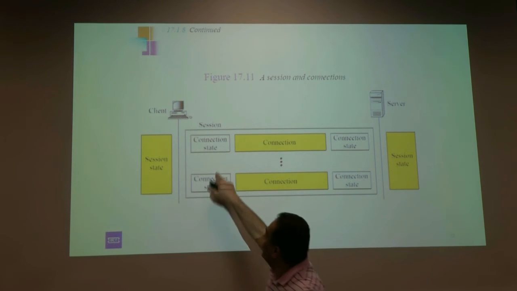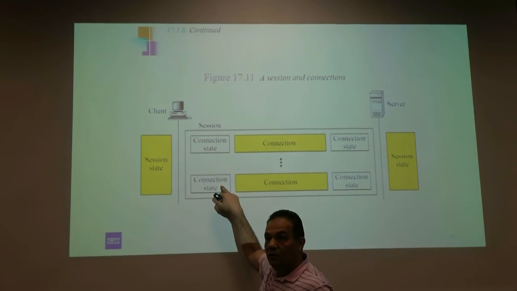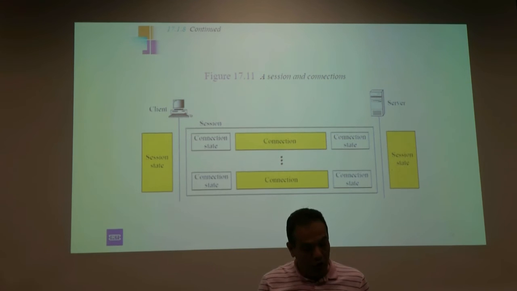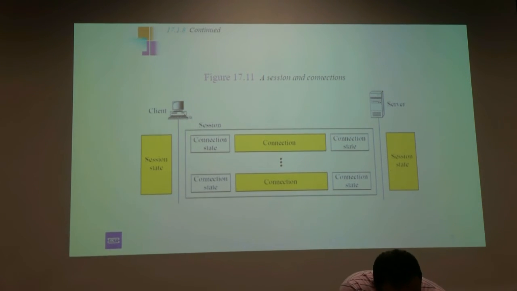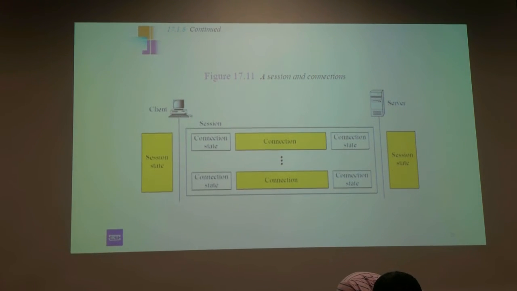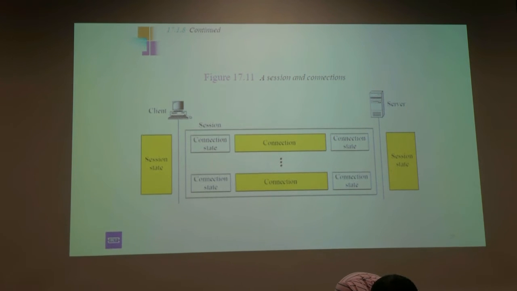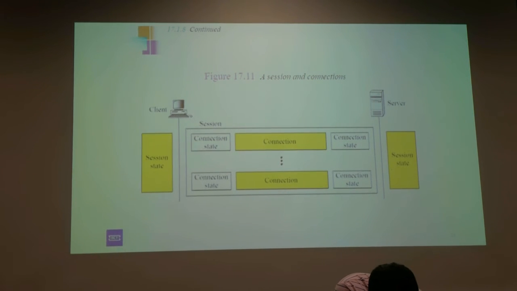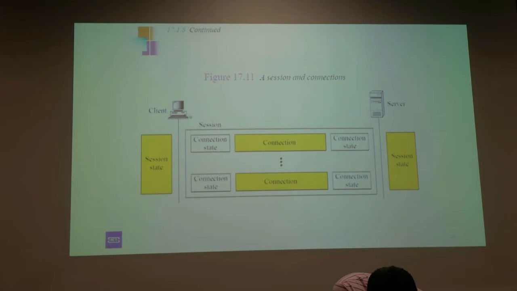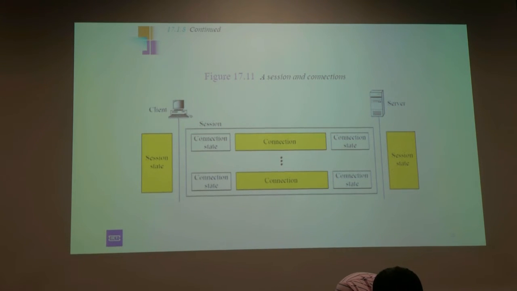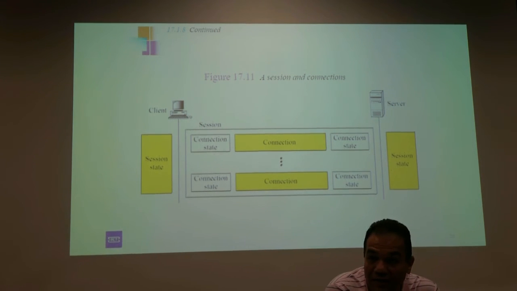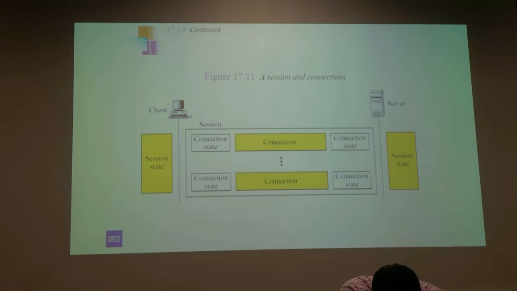And now let's take a look at the connection state. The connection state is a set of parameters established between what? Client and server? Between two peers. A state between two peers.